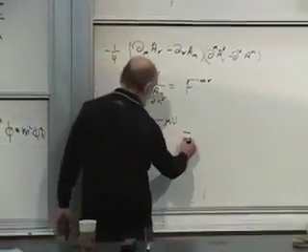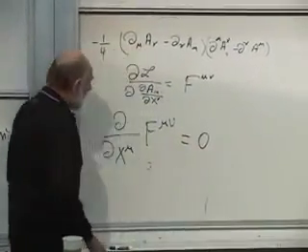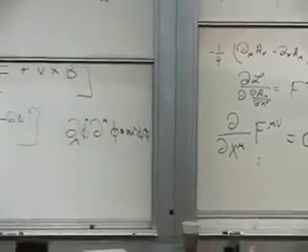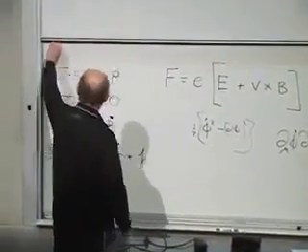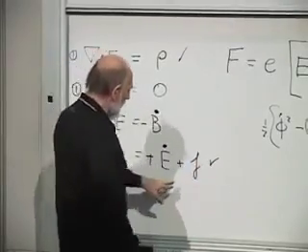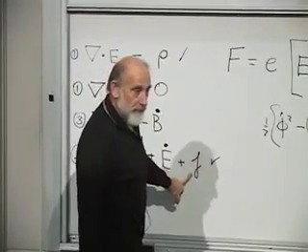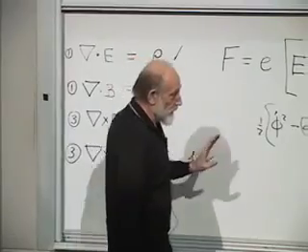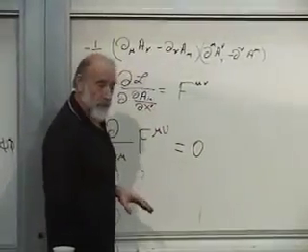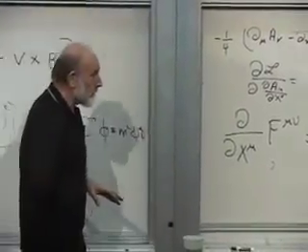So that's it. Which Maxwell equations are these? These are this and this, without the J. I have not told you what to do if there's a current. If there's a current, the Lagrangian has to be modified a little bit.